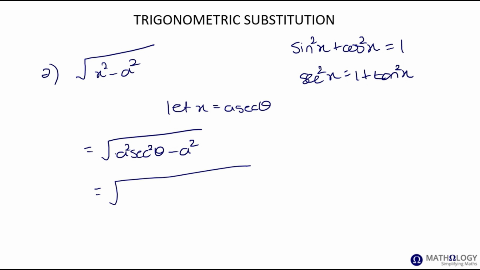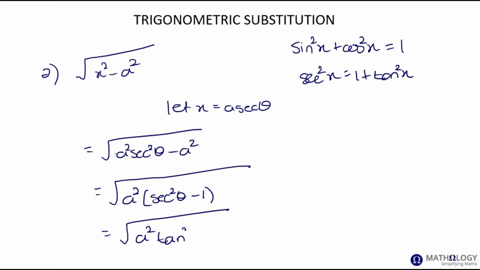So it's the square root of, take out a common a squared, times sec squared theta minus 1, equals the square root of a squared. Now sec squared theta minus 1 is going to be tan squared theta. And the square root of a squared tan squared theta is just going to be a tan theta. So again, we have a single trigonometric ratio.